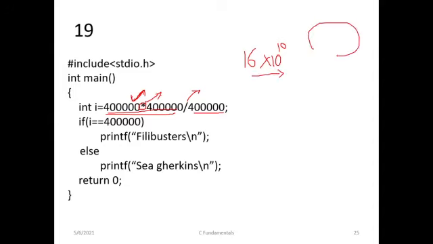So it will go around in an integer dial and land up somewhere. Some value divided by 4 lakhs will certainly not be 4 lakhs. So this is not satisfied, and we will get printed C. Jerkins.